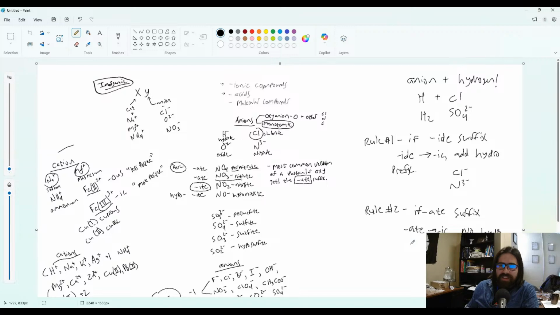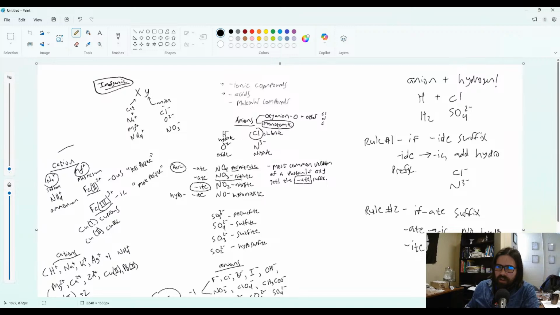So if you have an "ate" suffix as opposed to an "ide" suffix, it switches to "ic," and you don't add a hydro or anything like that. So it's just nitric acid, persulfic acid, that sort of thing. If there is an "ite," so again, like nitrite, sulfite, this adds an "ous," and again, no hydro.